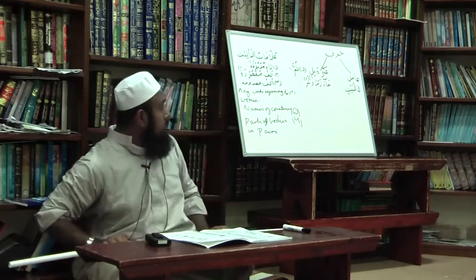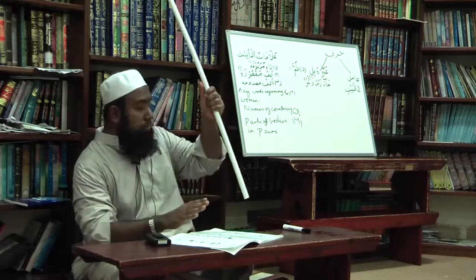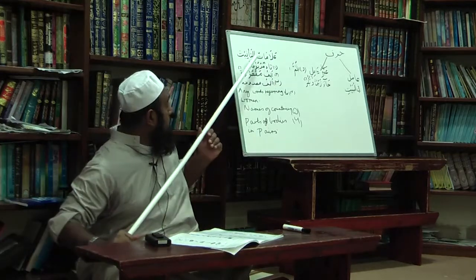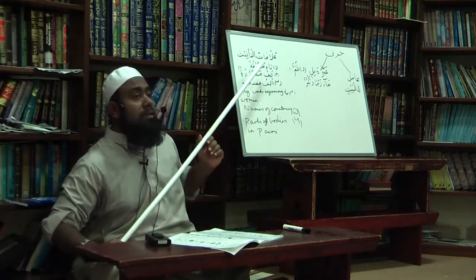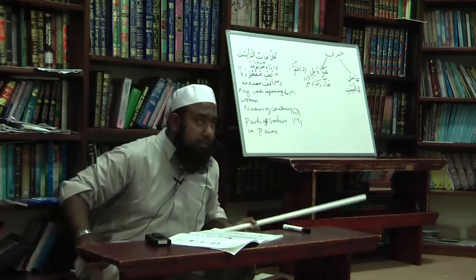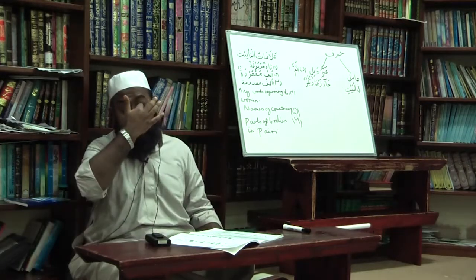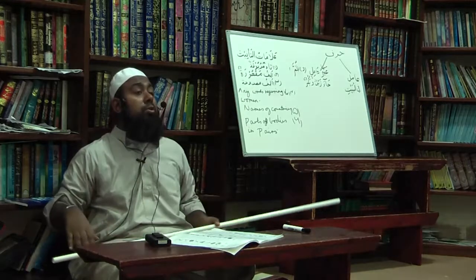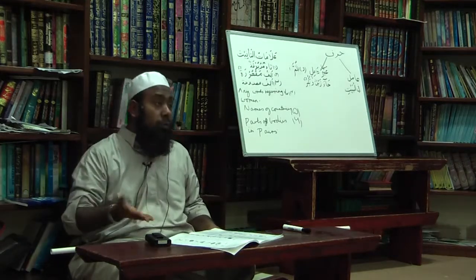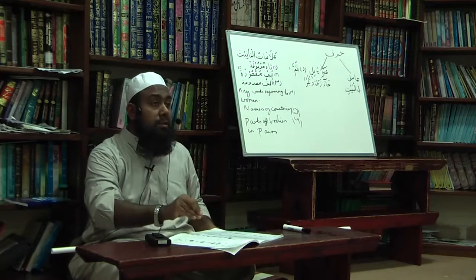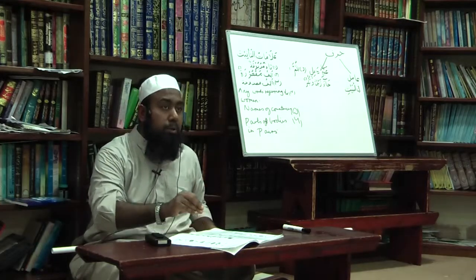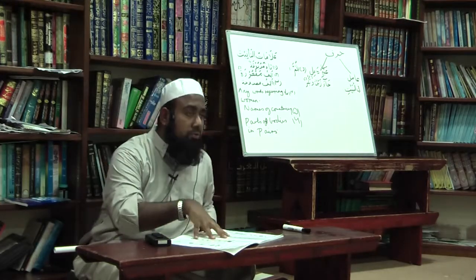Now, before we delve into that more, I've got something here for you. Alamatut ta'nith, the signs of femininity. Remember, if it doesn't have any of these signs, then you would, by default, understand that it is masculine, for the purpose of rules and regulation.